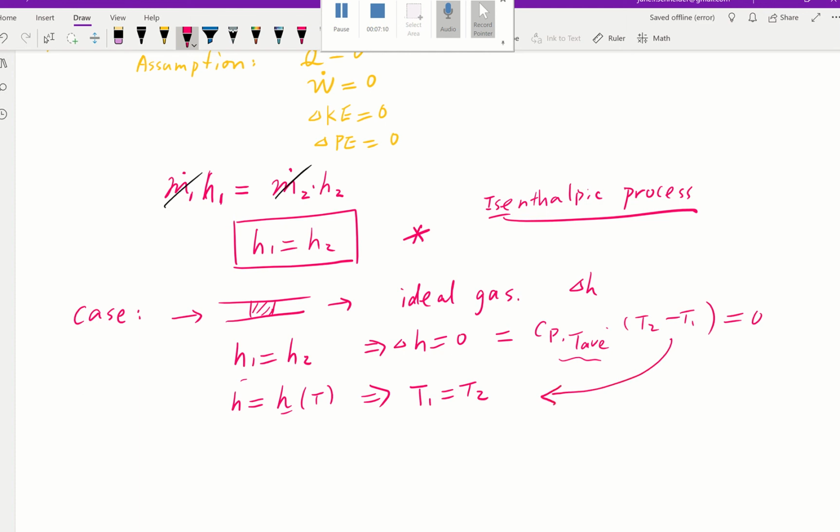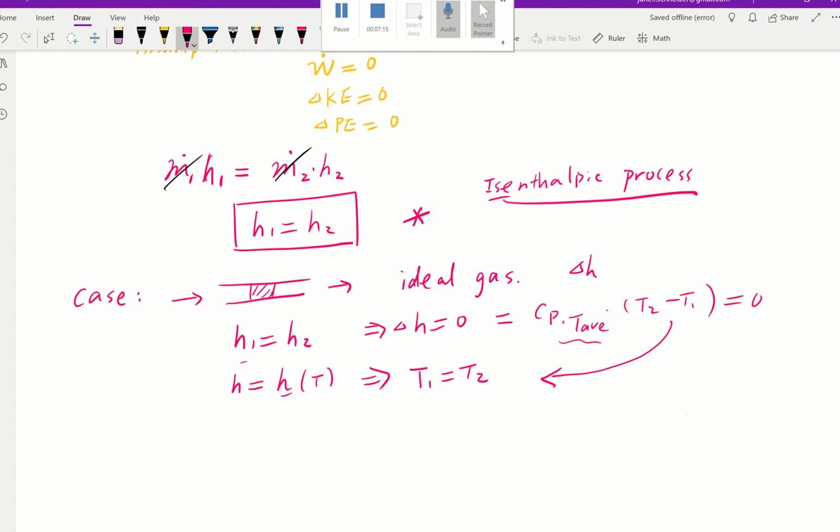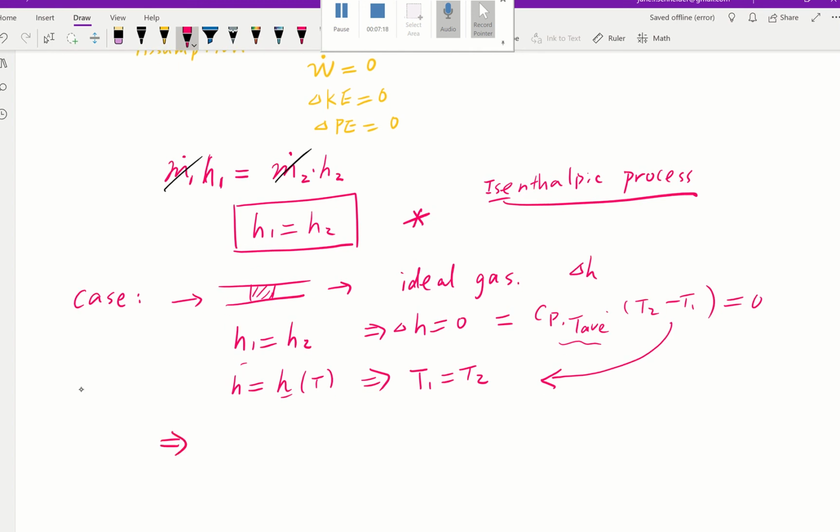Then we prove again T1 equals T2. So in other words, we can make a conclusion for this special case: if it's an ideal gas, the temperature stays the same during this throttling process.